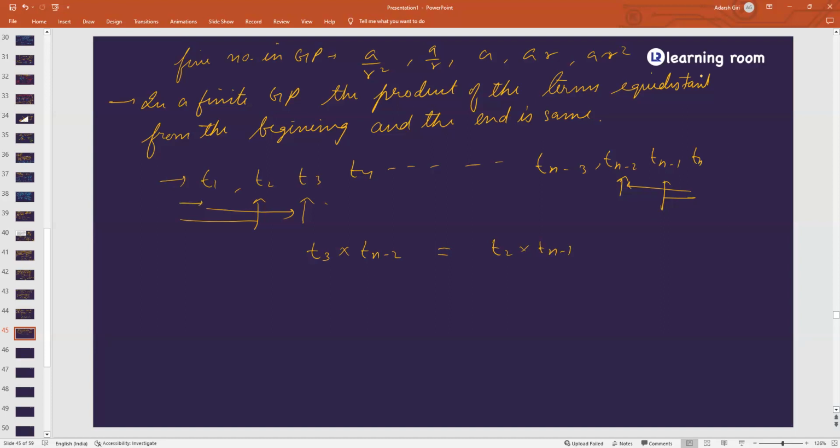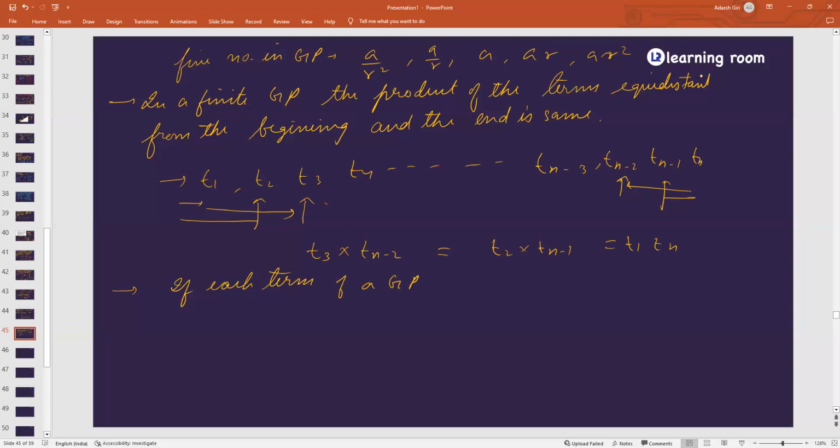The first number from the beginning and the first number from the end is T1 into Tn. Any number you take, the same position from the beginning and the same position from the end, that product will be the same. Agree? Any doubt there? No, sir. Good.